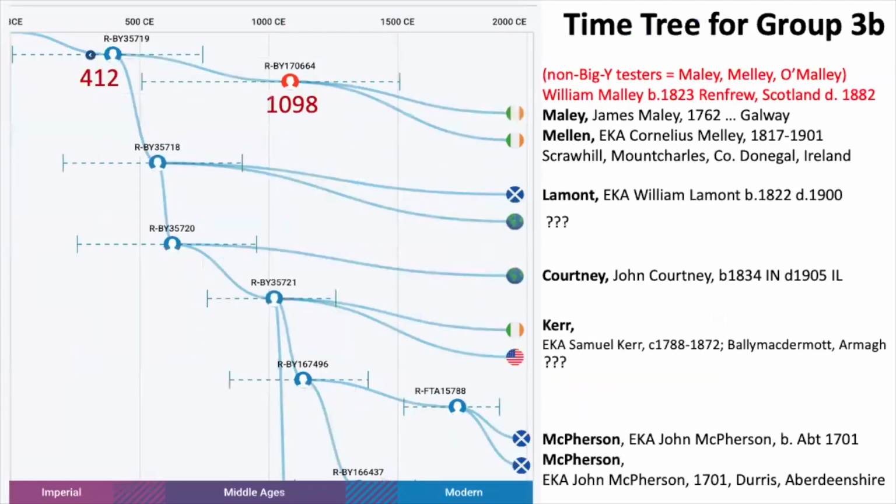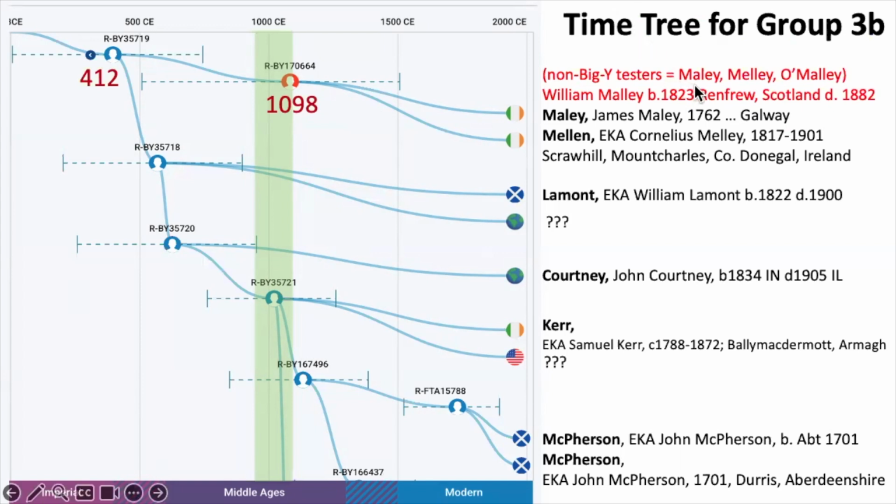Group 3B, we have these two Maylies up here, and they're surrounded by Lamont, Courtney, Kerr, McPherson. That's when surnames arose. So they've probably been carrying the Mailey surname for about the last 1,000 years. So we might be looking at the DNA signature of the progenitor, the originator of the O'Malley surname in this particular group.